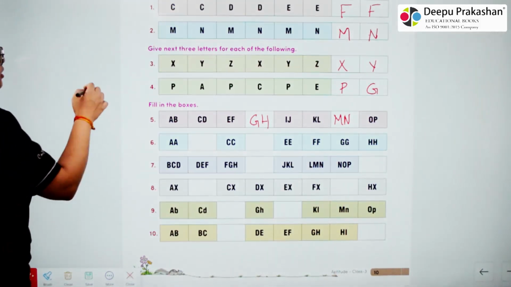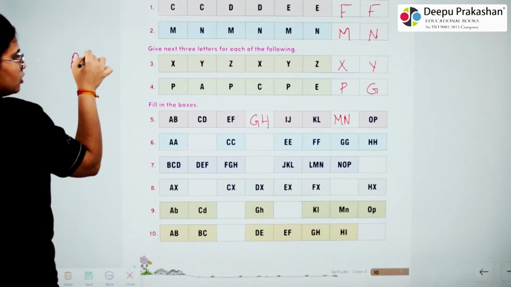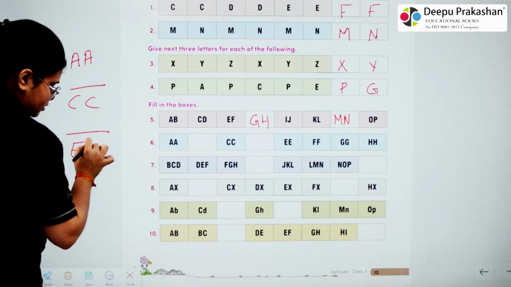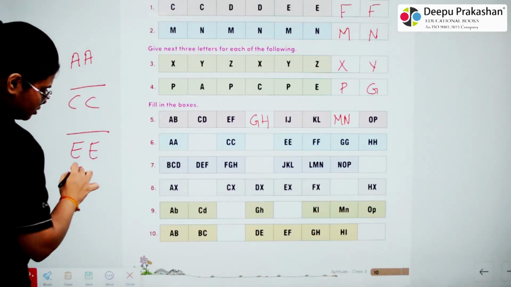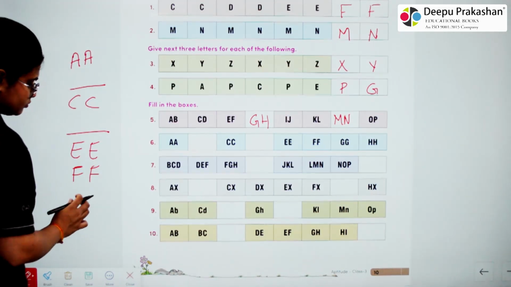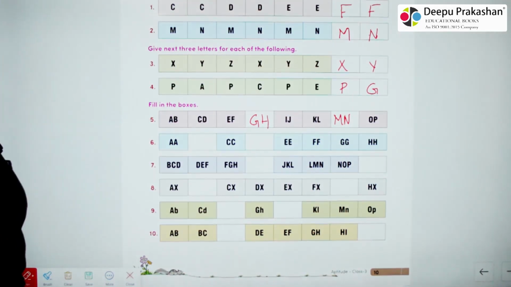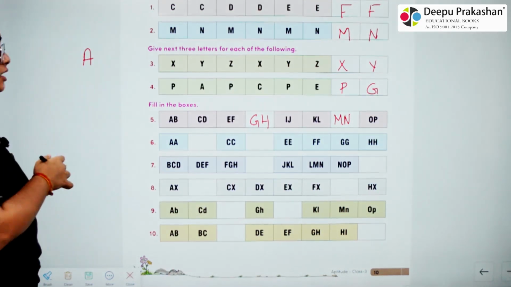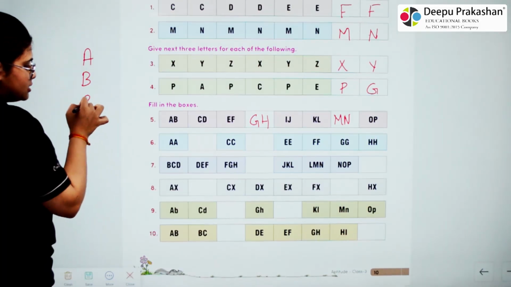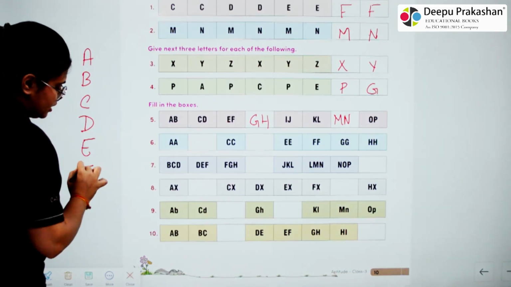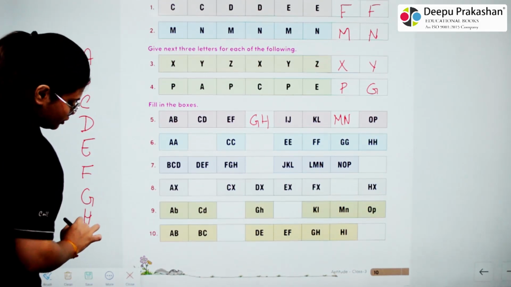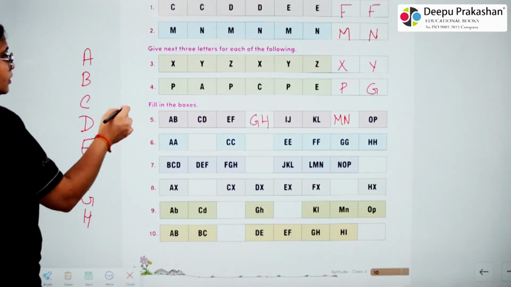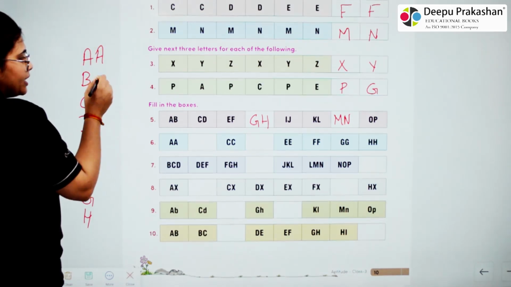That means here the pairs are of single letters, that is, if we write alphabets, we get A, B, C, D, E, F, G, H. Okay, and here we are given alphabets 2 times.